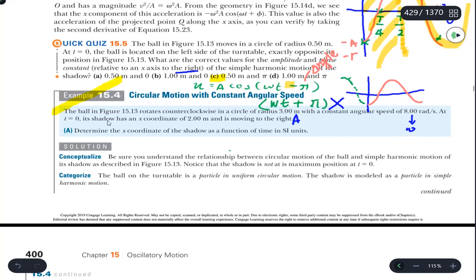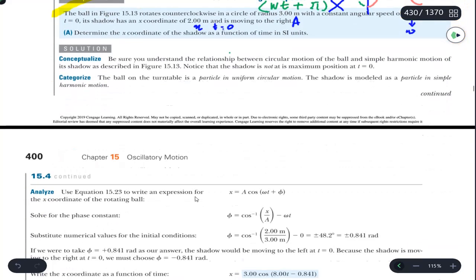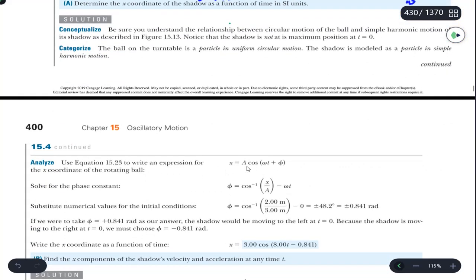Now, when it is at t, the shadow has a coordinate or position 2 meter. So this is the x at time equal to 0 and they are on the way to the right. Determine the x coordinates of the shadow as a function of time. So they want you to create the expression of displacement or position versus t. With that, you should start with the generic expression x = A cos(omega t + phi).